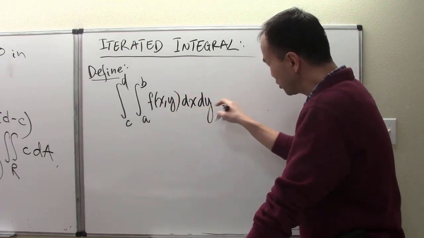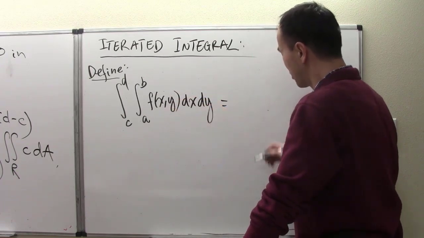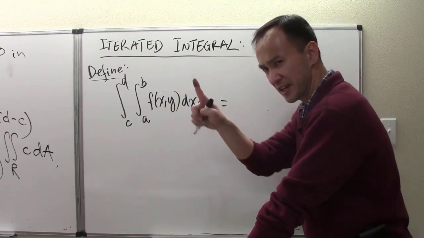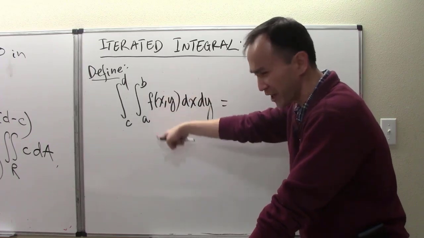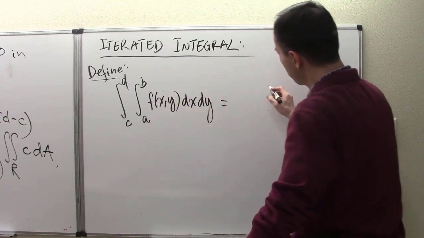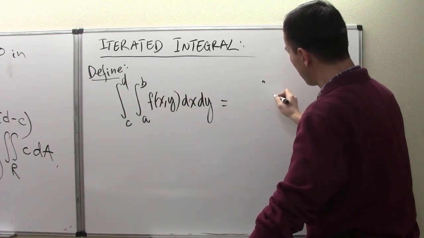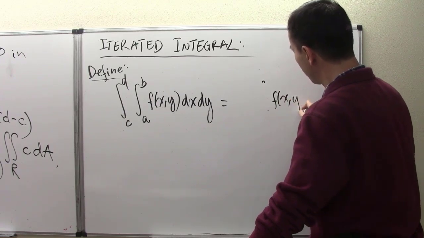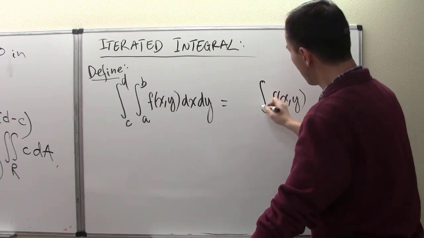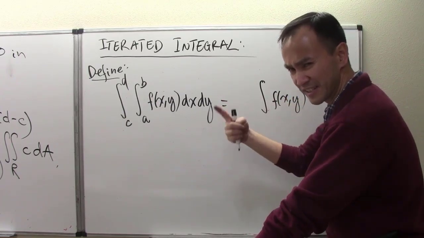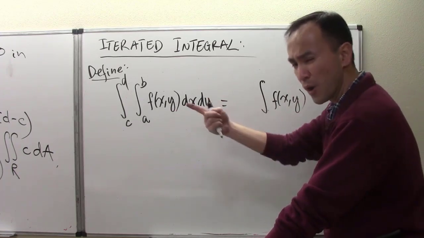The way to calculate this iterated integral is actually a definition. We define the integral this way: first, on our function f of x comma y, we calculate what I see as an inner integral, a one-way integral.